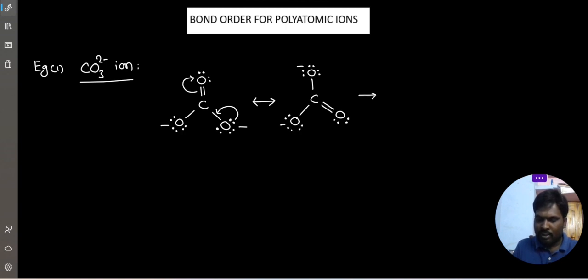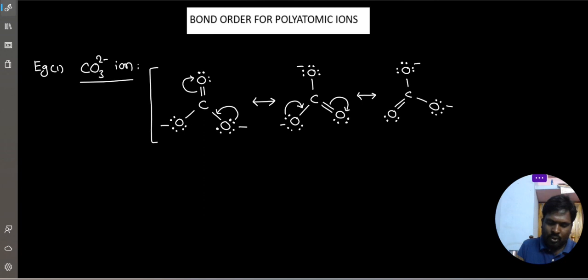Now the third resonance form is also possible. Suppose this non-bonded electron pair is involved in pi bond formation, then these electrons migrate like this: O, negative charge, double bond O, single bond O minus.